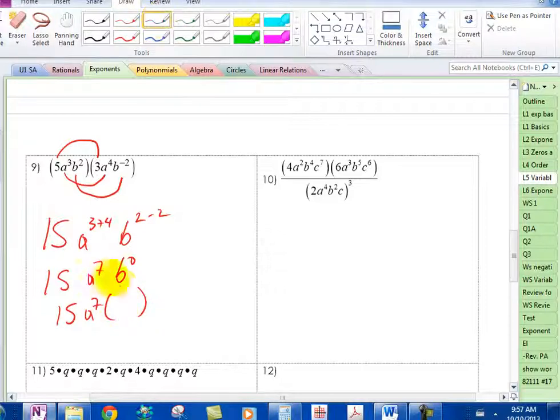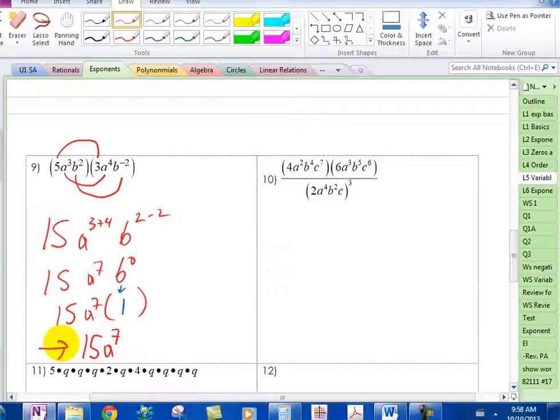What's the value of b0? 1. So what is 15a7 times 1? 15a7. So the b doesn't disappear, it becomes a value of 1. Okay, big difference. Nothing disappears. The value is a 1.